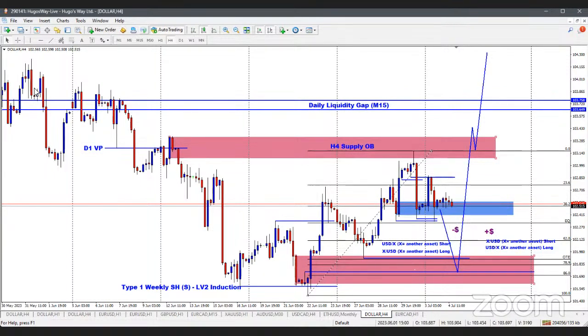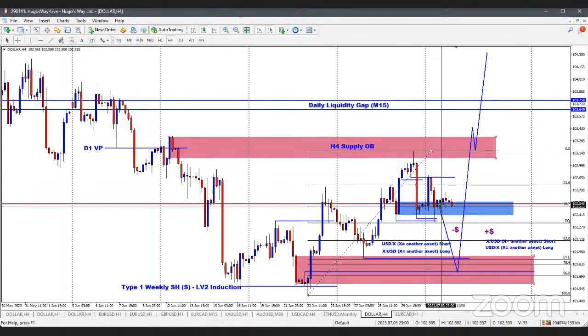Anyway, so now that we have that, let's look at this H4 demand zone. So first of all, the first thing to observe is the length of this candle. Every pip the market moves costs money, on average I believe about $50 million for every pip. So if we're measuring how much money is on the buy side and on the sell side in terms of liquidity, not volume per se, the bearish side is much stronger, because if the price was going to continue to go long, then we should have seen a bullish candle that should have at least matched this high or gone above it, but we didn't get that.